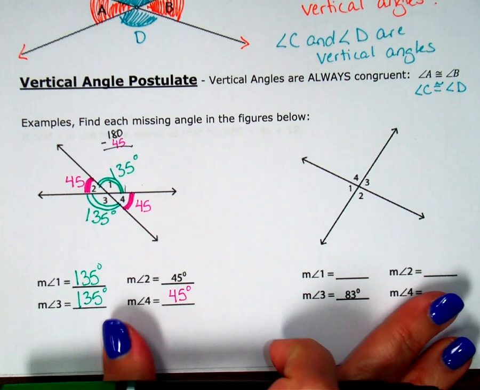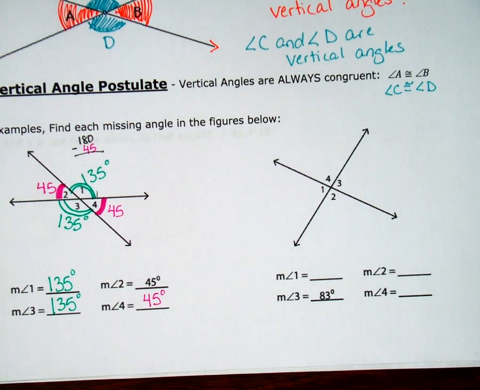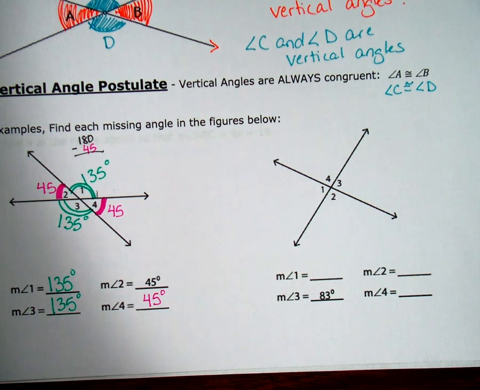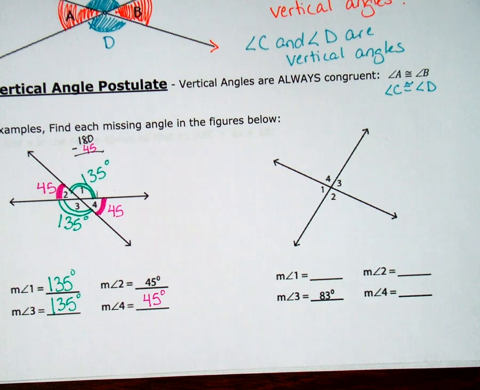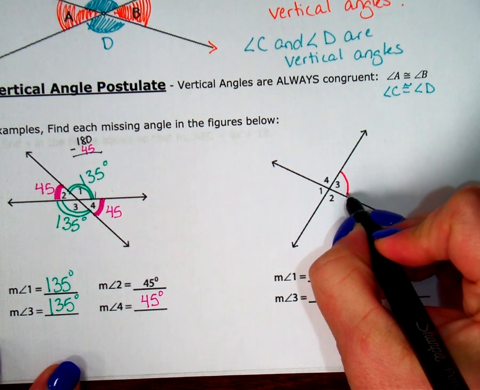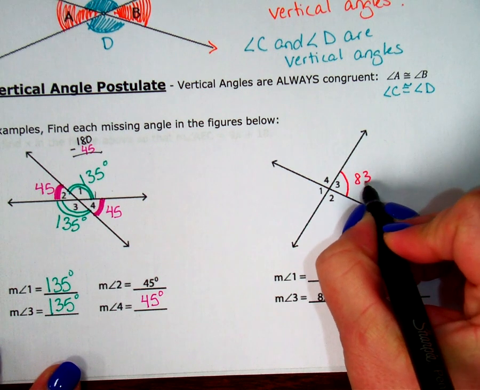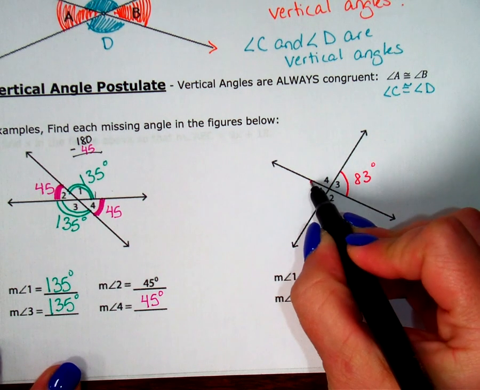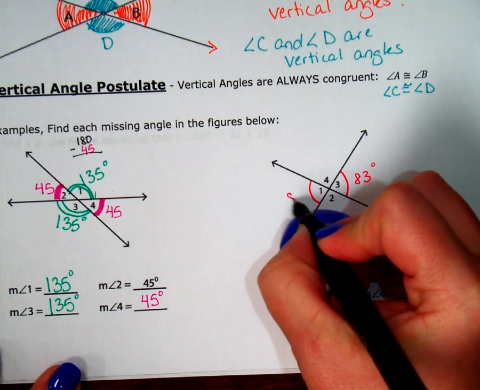Okay, let's look at the next example. All right, in the next one, the measure of angle 3 is 83 degrees. That means the vertical angle across from it is 83 degrees.